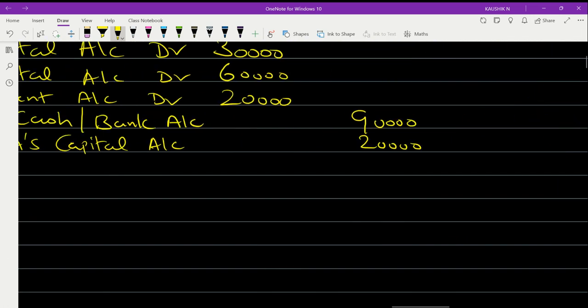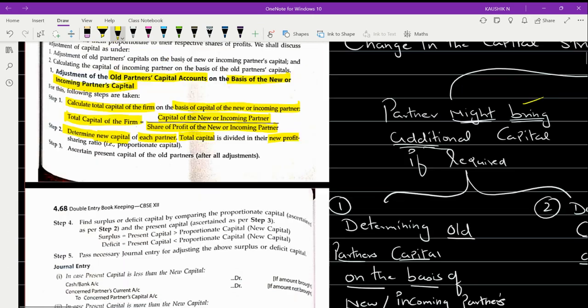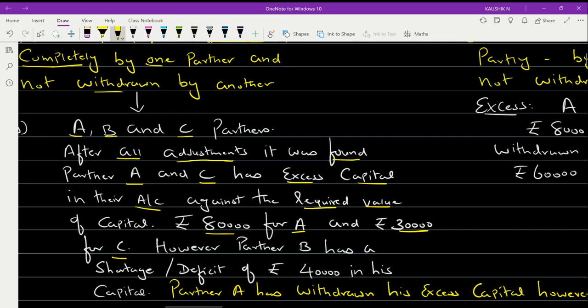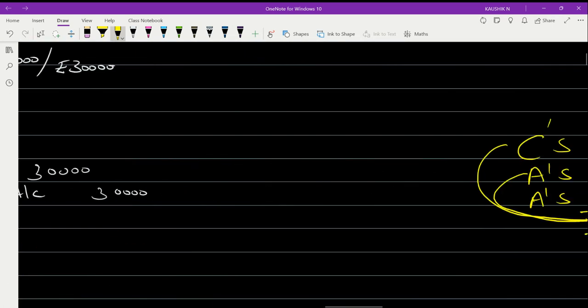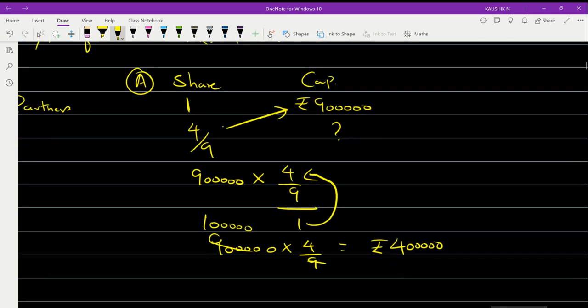This is what they have mentioned here in the second step. The second step says very clearly: determine the new capital of each partner. How is it done? Total capital is divided in their new profit sharing ratio proportionally. If you see here, I did that only. If you look at this calculation, you can understand. The 9 lakh amount is nothing but the total capital.